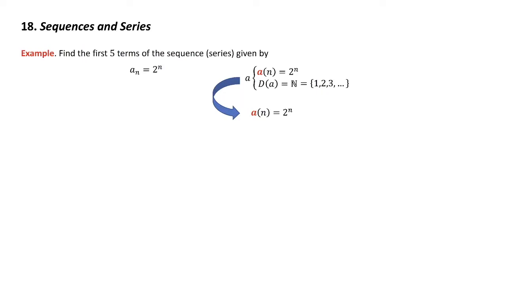And then to make it even shorter, we don't write A of n, we just write an. That's what it is. So when I write this an, I mean this function here. That's all that means.